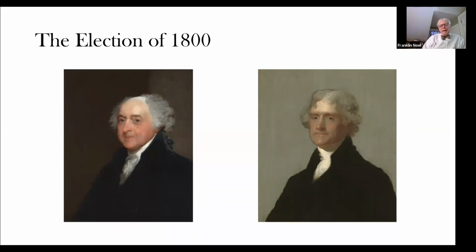The founders had not accounted for the rise of political parties. By 1800, parties had taken on an important role in elections, and candidates for president had started taking on running mates for vice president. Jefferson and Aaron Burr ran on a ticket as Republicans, and Adams and Charles Pinckney represented the Federalists.